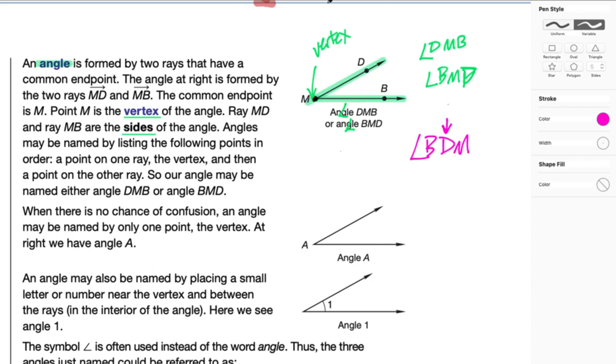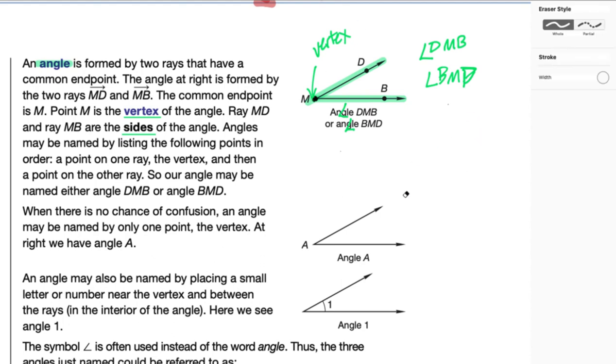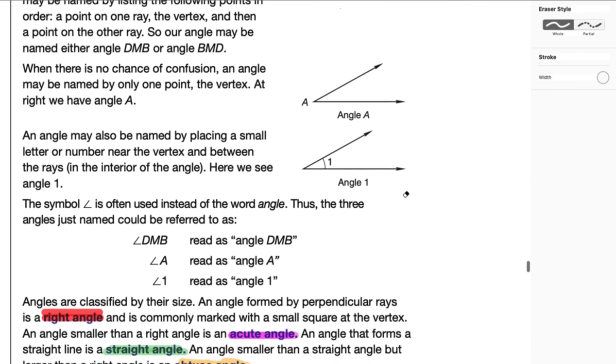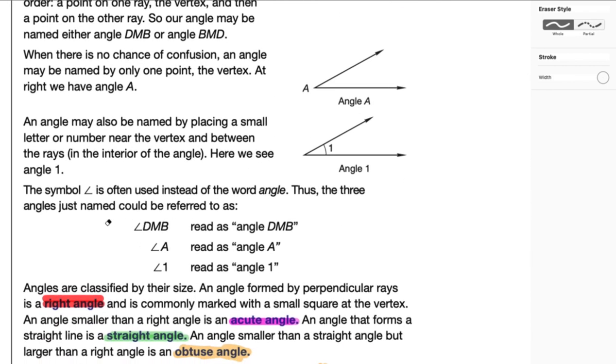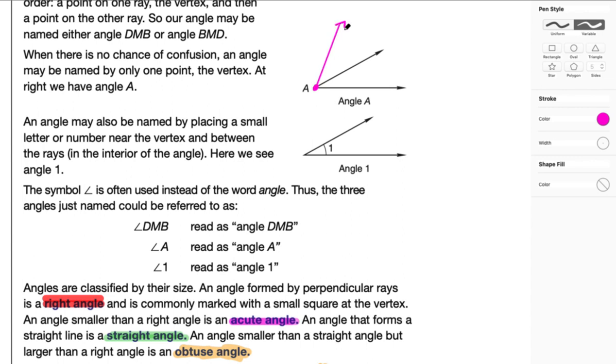All right, so let me get this pink angle out of the way so we can talk a little bit more about angles. Oh, there's the little angle symbol. Sometimes what we also do is we name an angle by just putting a number inside. And so I might say, okay, this is angle 1. Or sometimes we talk about an angle just by the vertex if there's no other confusion. So you wouldn't do it if you had another ray sticking out here and you only wanted to refer to this pink part.